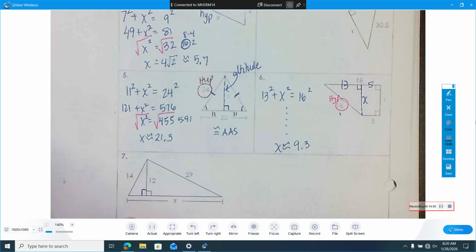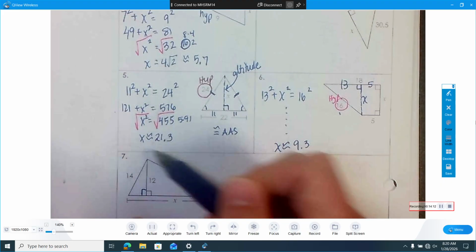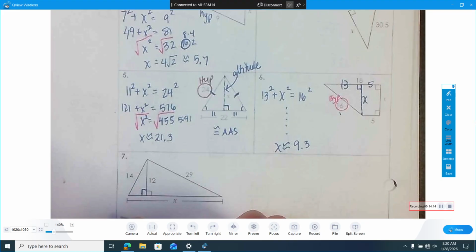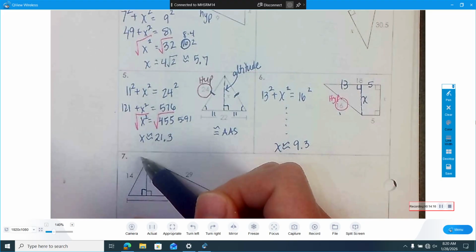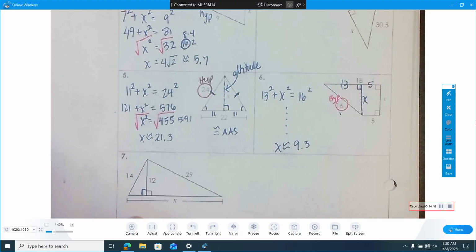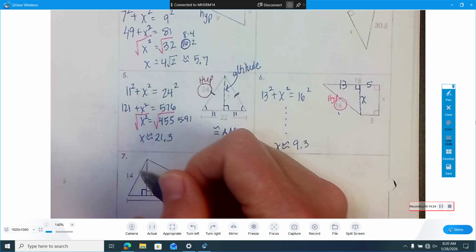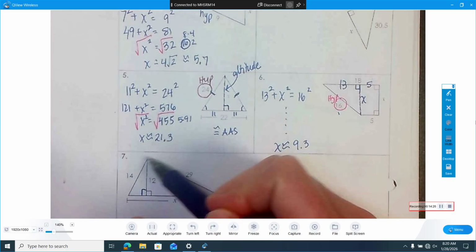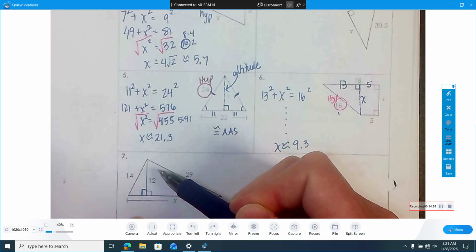And so in order to figure out x, on this particular problem, I can't just use the big triangle. I can't just say, hey, 14 squared plus 29 squared equals x squared. I cannot do that. How come? Yeah, that big one, we don't know if this is a right angle. It doesn't tell us, so we cannot assume.